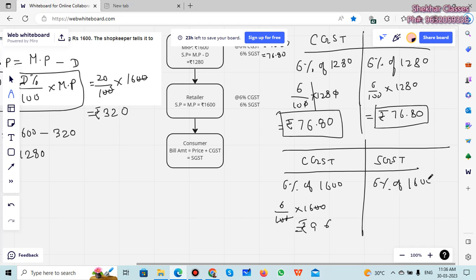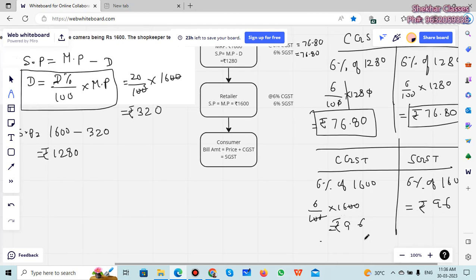I'm writing it directly, that will be rupees 96. So he has collected how much? This is the shopkeeper, or retailer, who has collected it from the consumer.